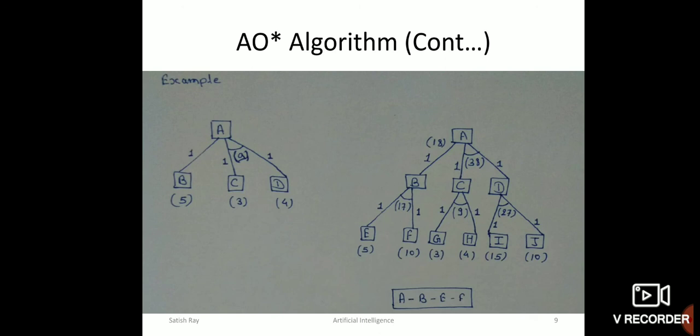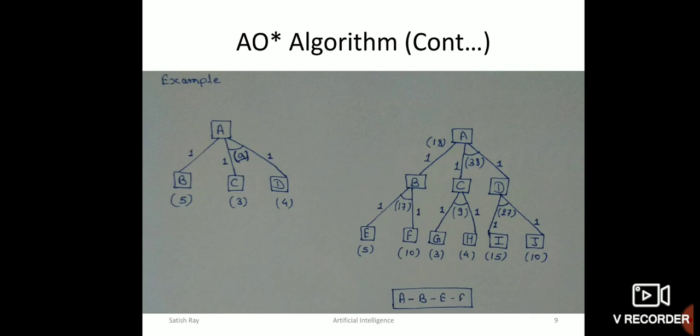So on the left hand side you can see an example. Here if we apply the AO star algorithm, we will have the answer as 1 plus 3 plus 1 plus 4, that is 9. I have written it here. But if you apply the A star algorithm here, then the answer will be 3 plus 1, that is 4, which is not a solution.